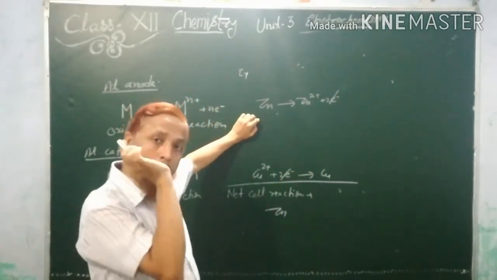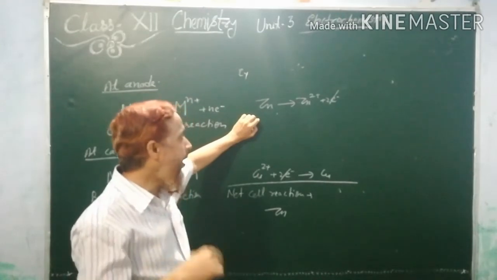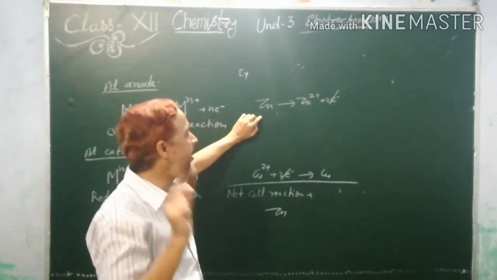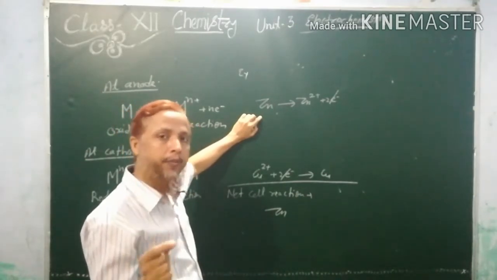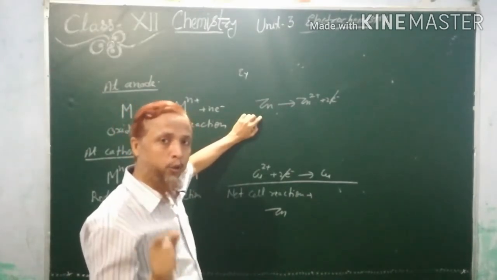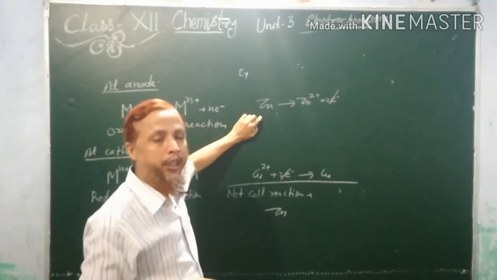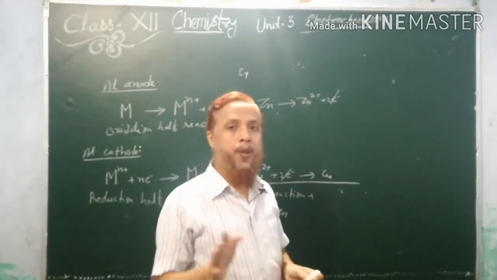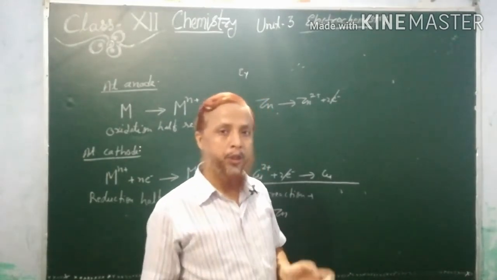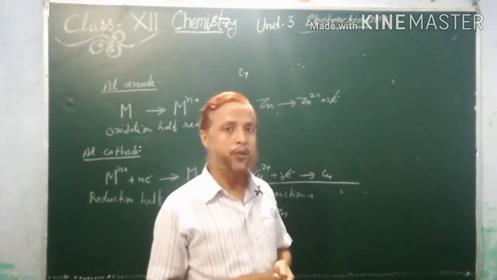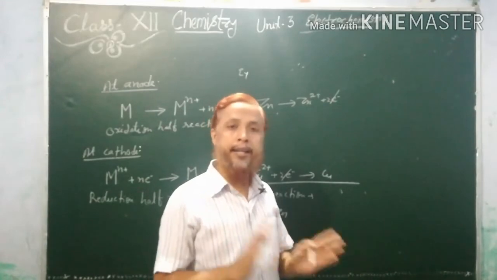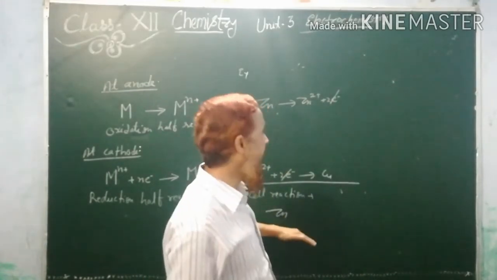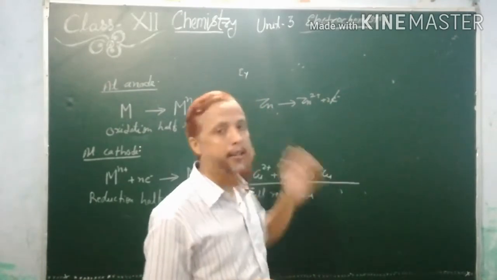Remember one more thing: if the number of electrons are not the same, firstly we have to multiply a half reaction by a suitable number to equalize the number of electrons. If you remember oxidation reduction in class 11th, for balancing equations you have done the same by the ion electron method. Before adding two half reactions, we have to equalize the number of electrons.